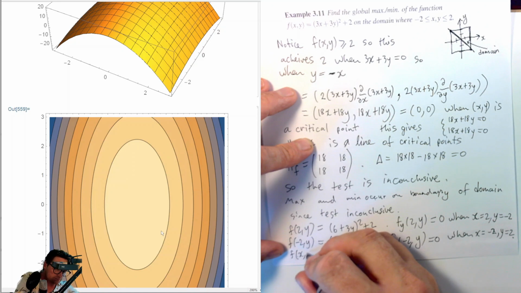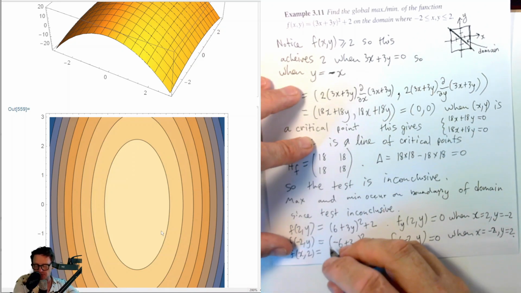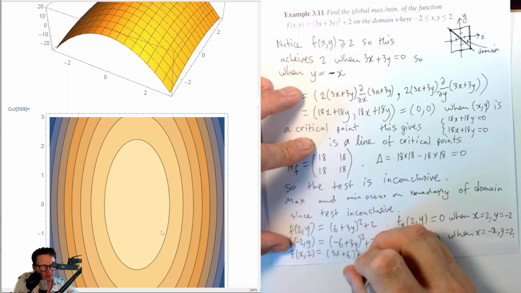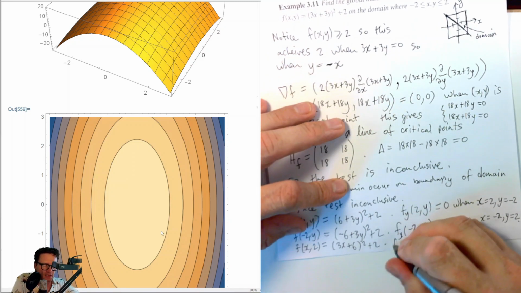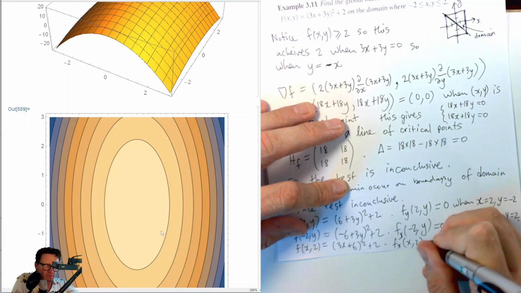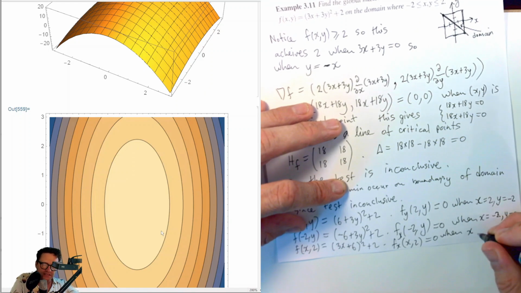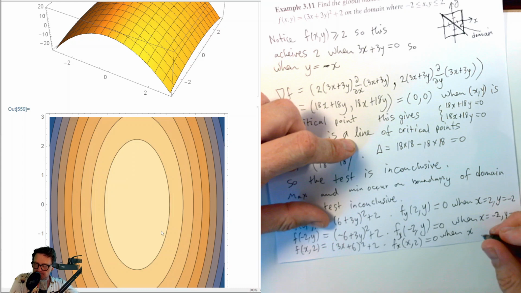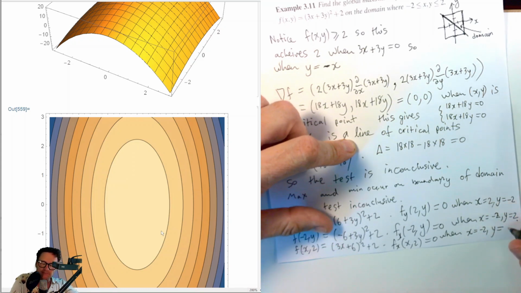f of x comma 2 is equal to 3x plus 6 all squared plus 2, and f subscript x along that line is 0 when x is equal to minus 2 and y is equal to 2.